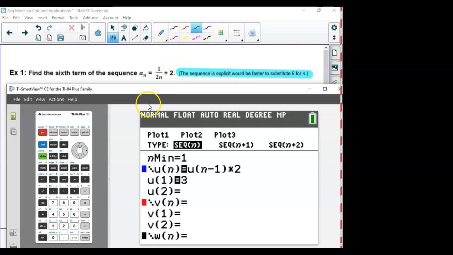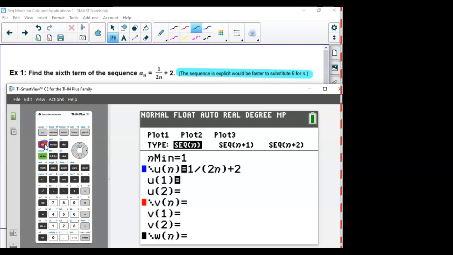It is an explicit form, so you would not need to tell it a first term number. It's going to start with term 1, and you're going to type this in for the u of n right here. It's a weird one. It's 1 divided by, and you would need parentheses to keep the n in the denominator, 1 divided by 2n, and then a plus 2 on the outside after you've closed the parentheses.